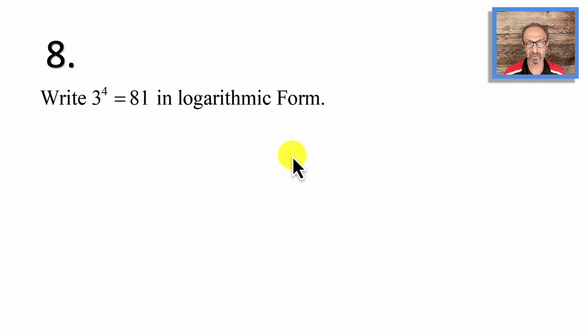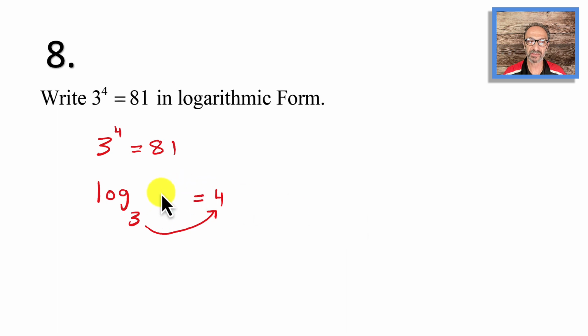To write this in logarithmic form, we start with log base 3. Outside we have the 4, 3 to the power 4. Inside we have 81. Okay, that should do it for converting between logarithmic form and exponential form.